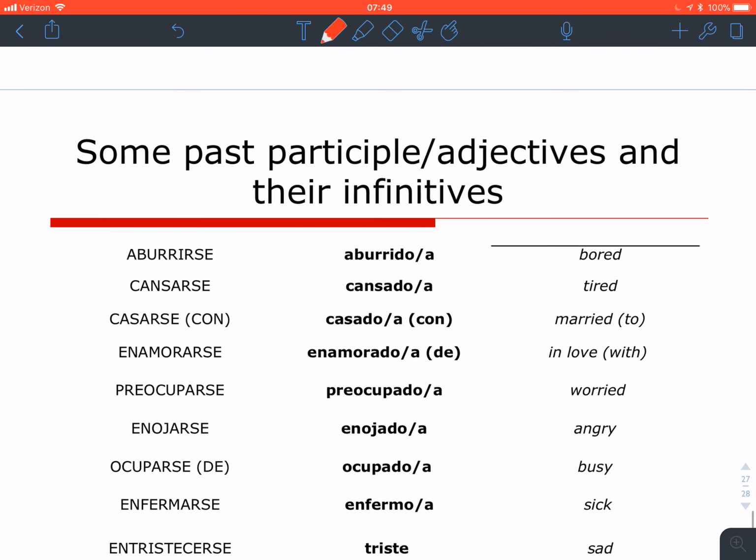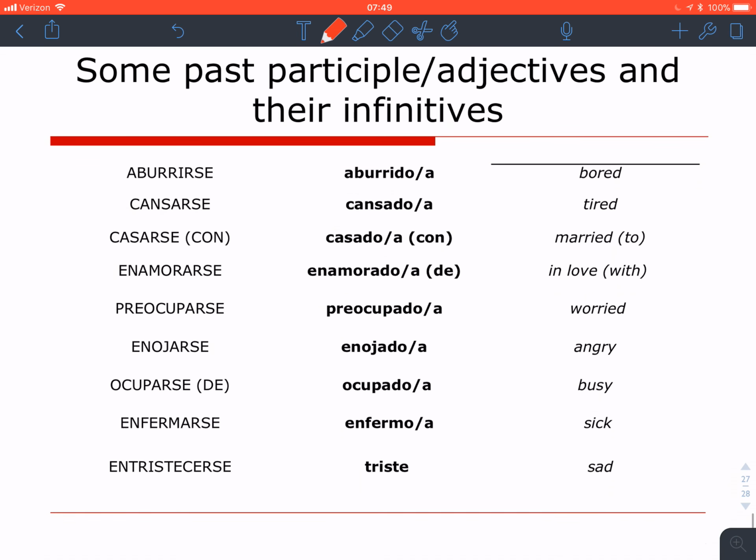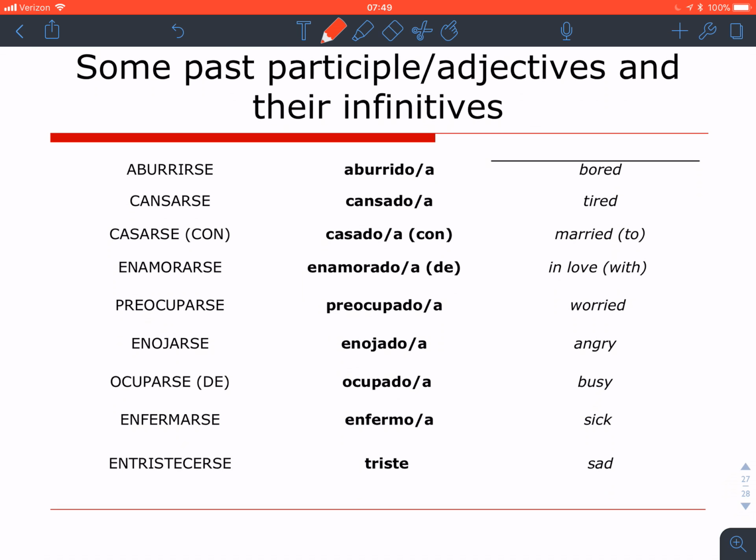Here are some other past participle adjectives and their infinitives. And you'll find that a lot of Spanish is derived from one part of speech to another. Okay, we have aburrirse, that goes to aburrido, y aburrida, and aburridos, and aburridas.